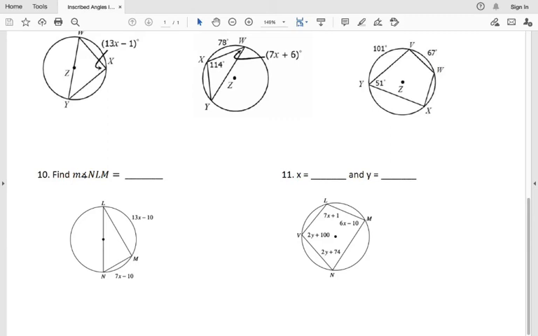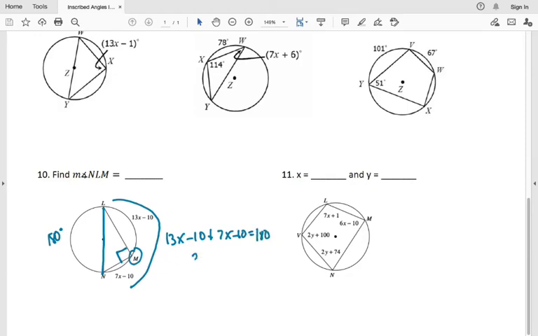Okay, on this next one, again, I have an inscribed angle right here. It's drawn to a diameter. So that makes this a right angle. This is 180 degrees over here. And then this side over here is also 180 degrees. So I know 13x minus 10 plus 7x minus 10 equals 180.